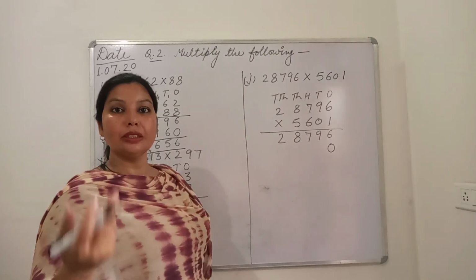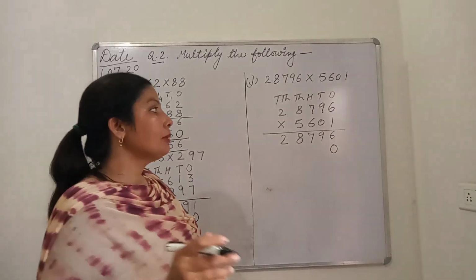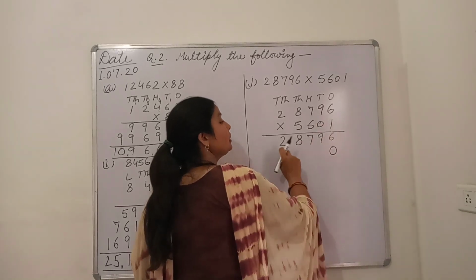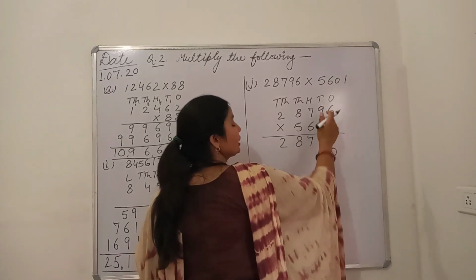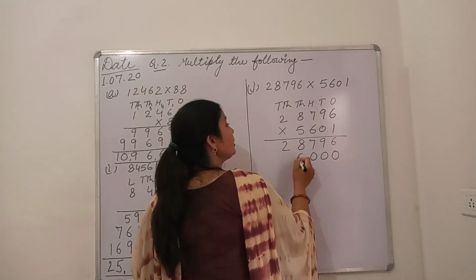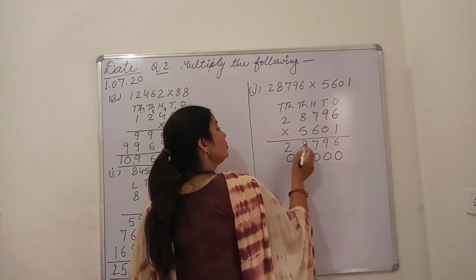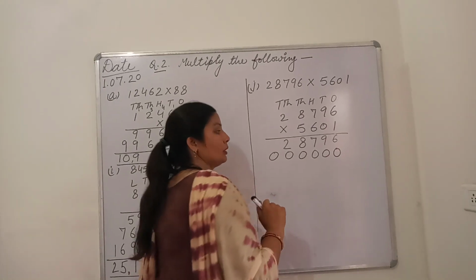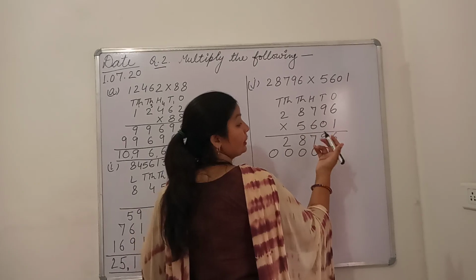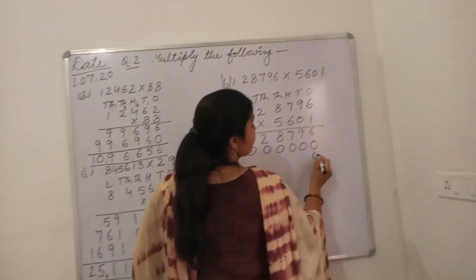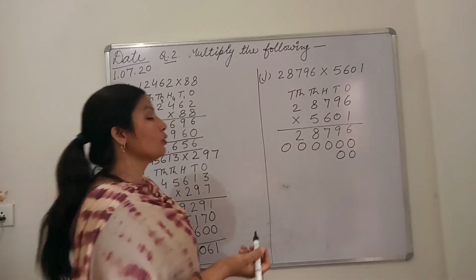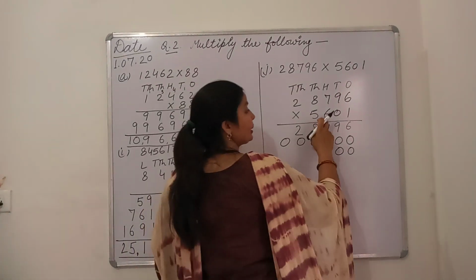The product will be 0. Any number multiplied by 1 is the number itself. Any number multiplied by 0 is 0. So 0 6 is 0, 0 9 is 0, 0 7 is 0, 0 8 is 0, 0 2 is 0. Okay, now 600, multiply by 600. So the ones and tens columns will be 0, or we can put a cross. Cross means nothing.